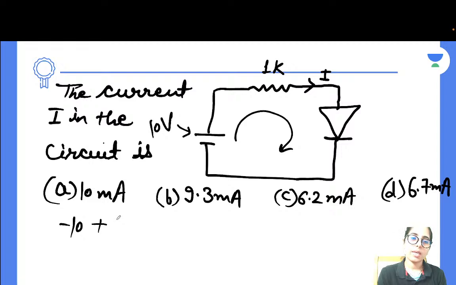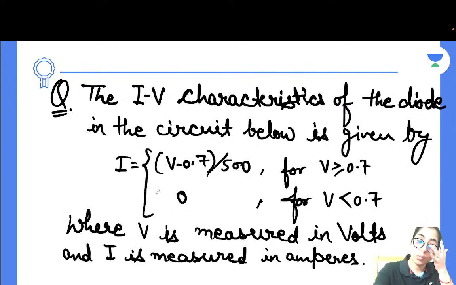V is equal to I times R, and R is 10 to the power 3. It's 1 kilo ohm, so 10 to the power 3, which means 1000 ohms, times I, plus the diode voltage, which I can write simply as VD, or I can write the expression for the diode voltage.